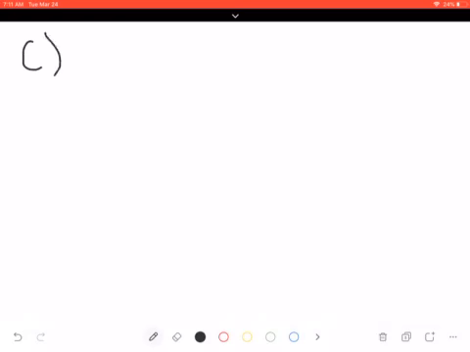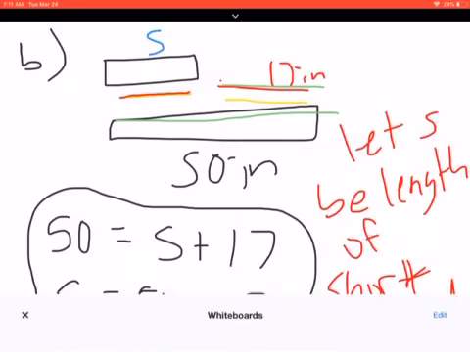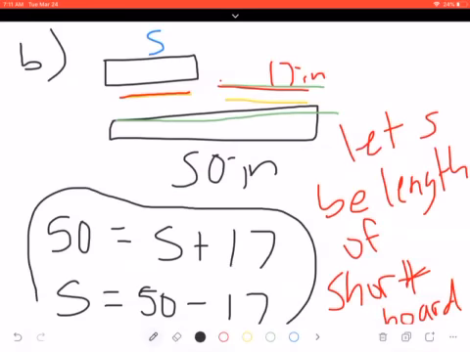For C, we're testing a couple of different solutions between 30 and 40. So your answers may be different from mine, but I'm going to go back and look at the equation I came up with here, right? So it doesn't matter which one you use. I'm going to use the bottom one.